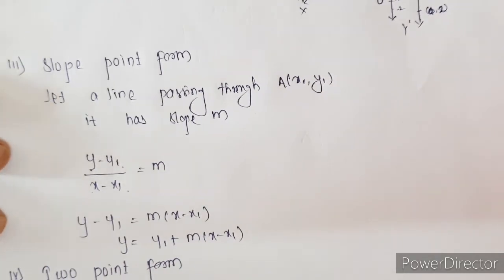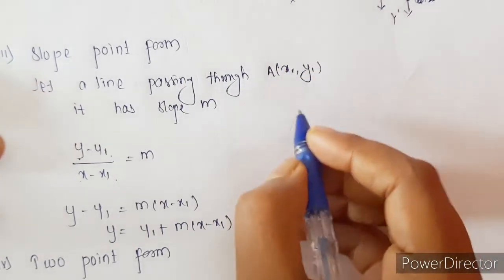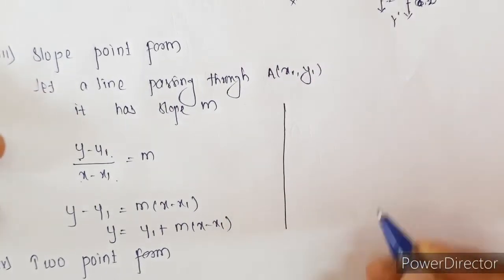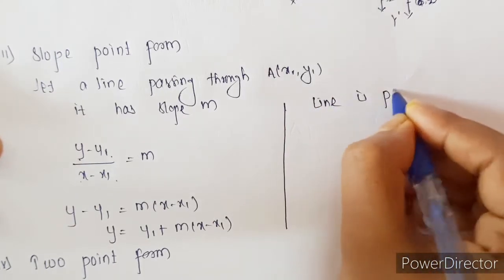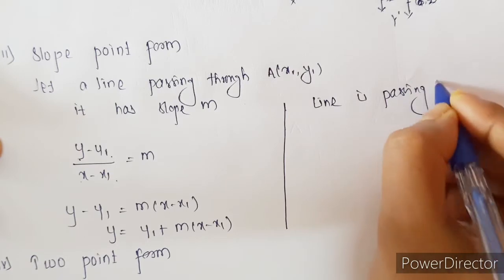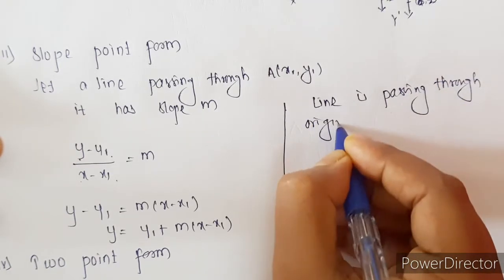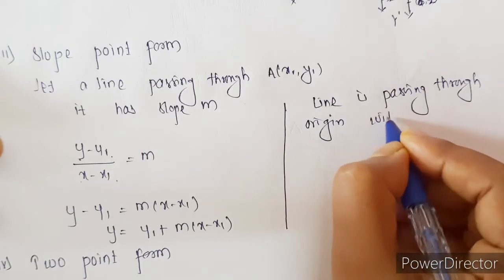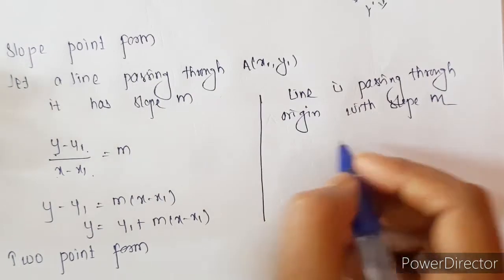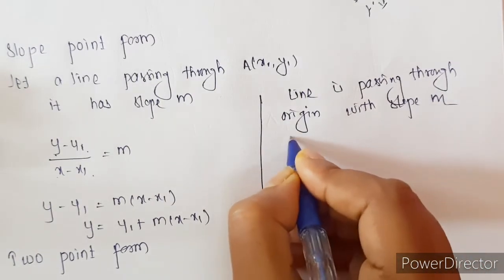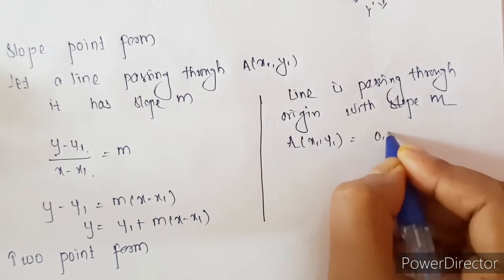Now suppose this line is passing through the origin with slope m. Since it is passing through the origin, our point A, that is x1 y1, is nothing but 0, 0.